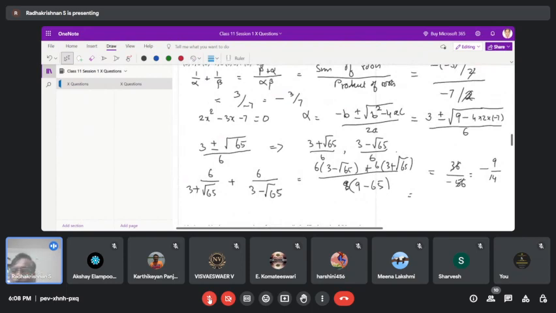Minus b plus or minus root of b square minus 4ac by, sorry, 2a is not 6, right? That's the error. 2a is 4, right?